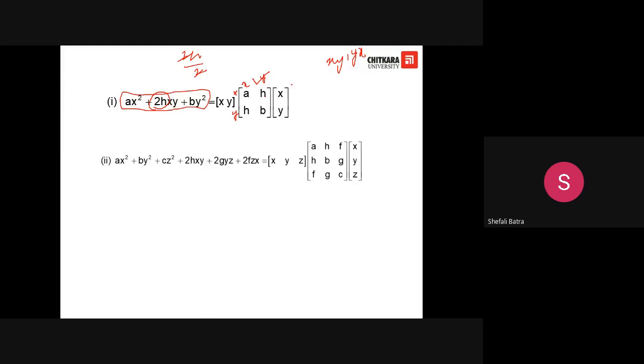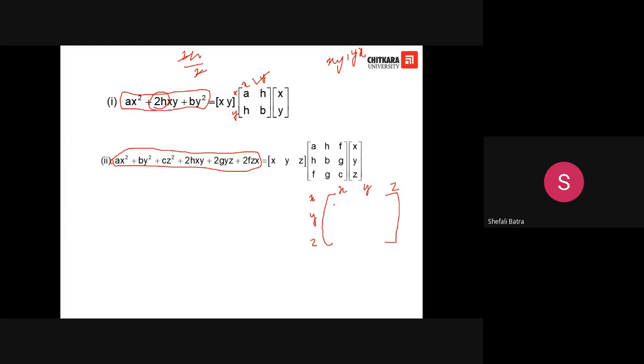Similarly, for 3 variables, let us have this quadratic form in 3 variables, and I need to write out the matrix for this. So how will you write? Again we'll write x, y, and z here. Now tell me the entries in a similar manner as we have written here. What will be the first entry? xx means the coefficient of x square.